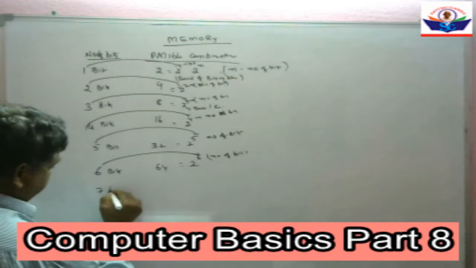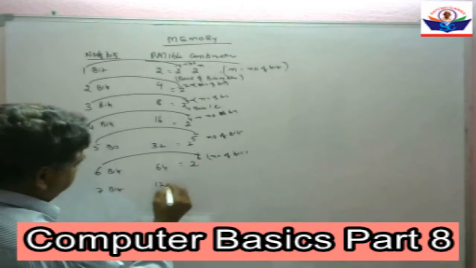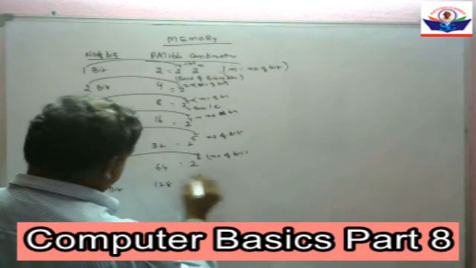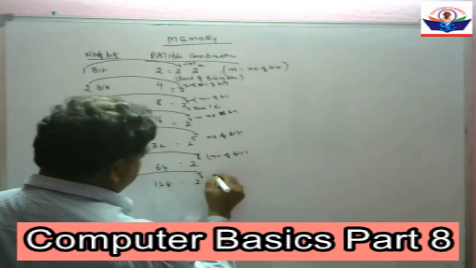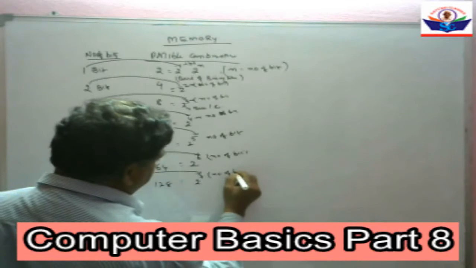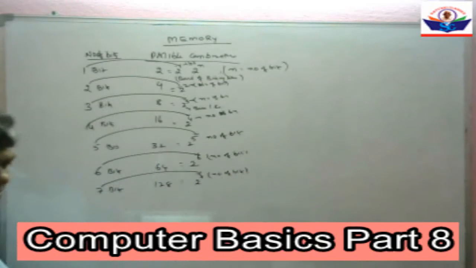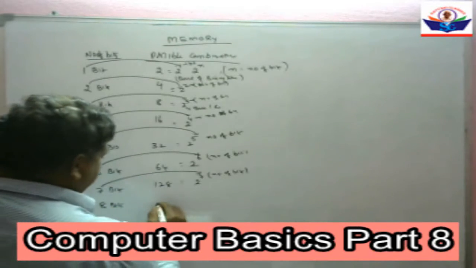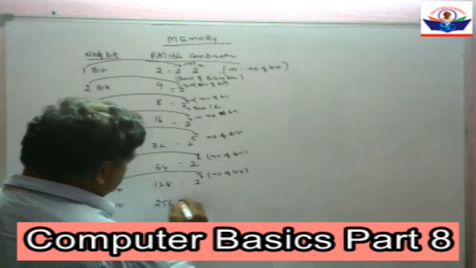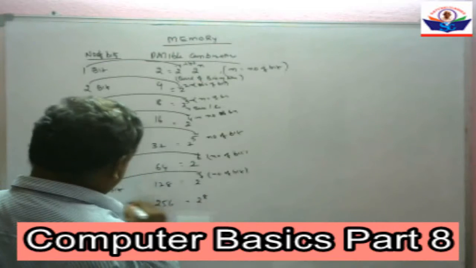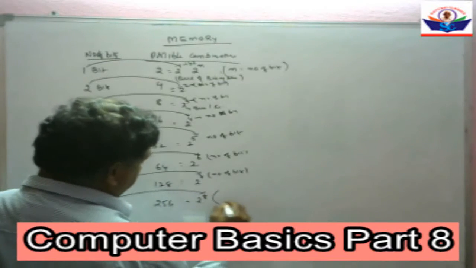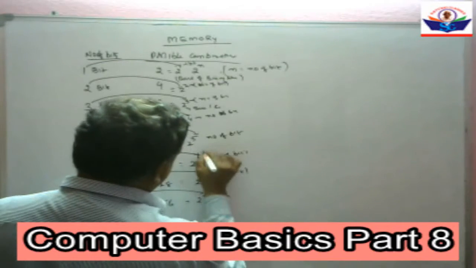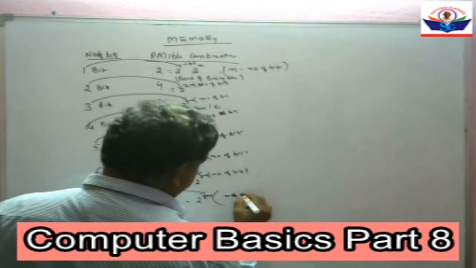With 7 bits, 128. 2 to the power of 7. 7 is the number of bits. With 8 bits, 256. That is 2 to the power of 8, where 8 is the number of bits.